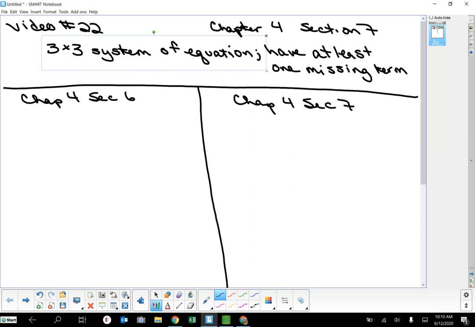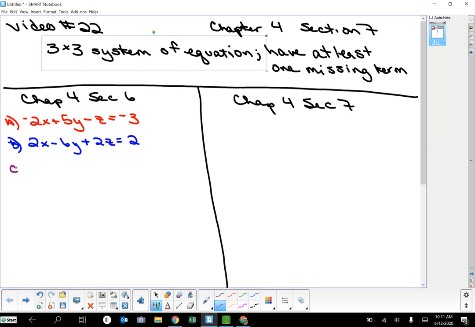Let me just lay out what a problem looked like from chapter 4, section 6. We had one where equation A was negative 2x plus 5y minus z equaled negative 3. Equation B was 2x minus 6y plus 2z equals 2.